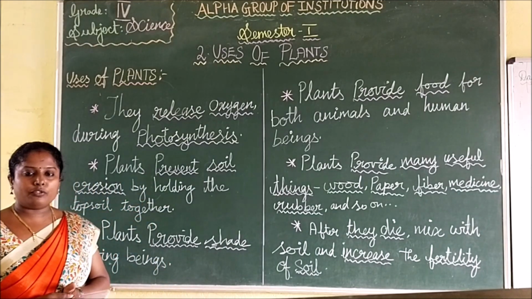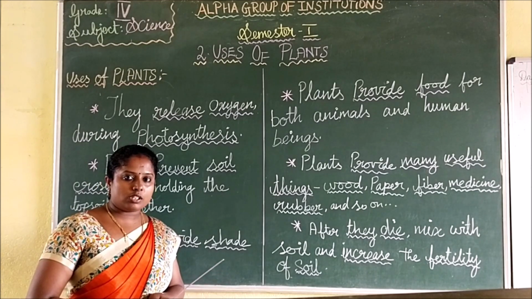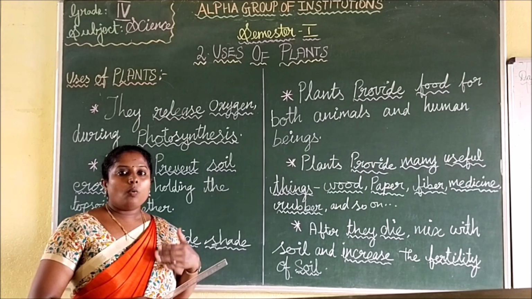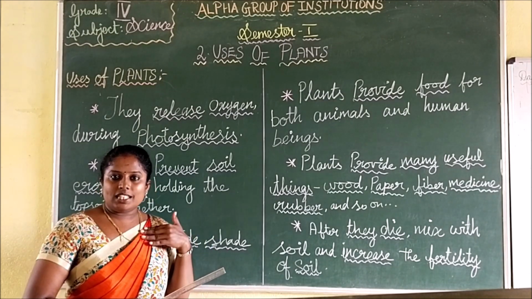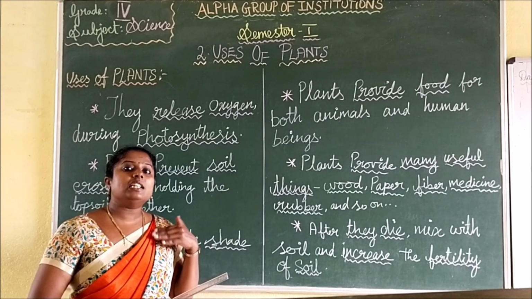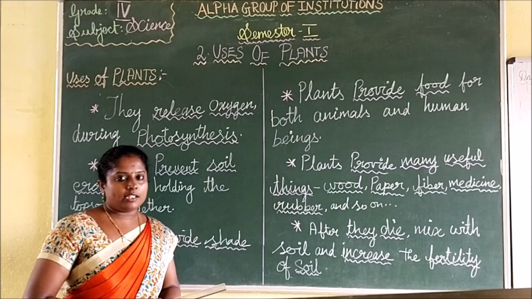The process of making food is called photosynthesis. During photosynthesis, what will it do? We breathe in oxygen, and plants take in the dirty air, carbon dioxide, and release oxygen.